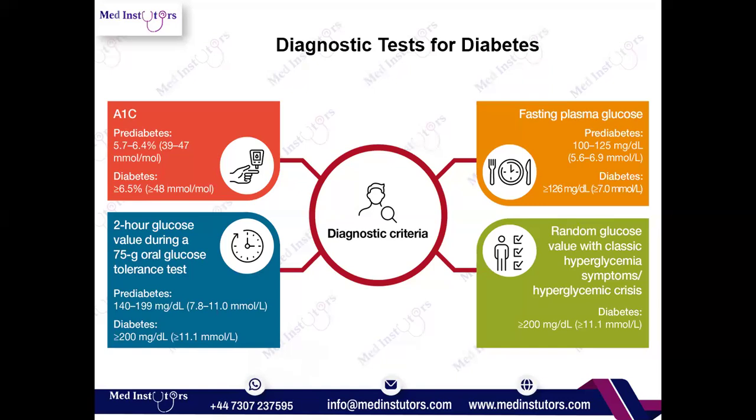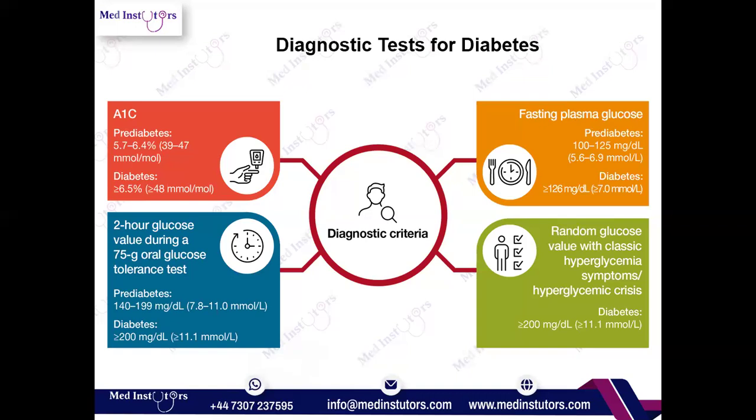If you are checking the fasting plasma glucose in a patient with suspected diabetes, and it is more than or equal to 126 milligram per deciliter, or more than or equal to 7.0 millimole per liter, we will take it as a diagnosis of diabetes mellitus.